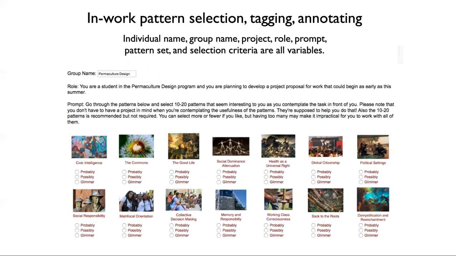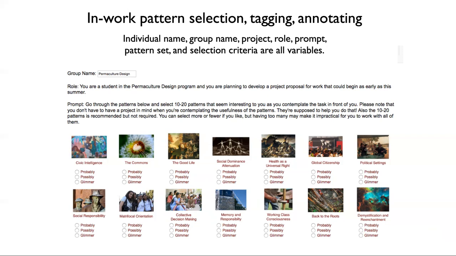Then if people individually come up with patterns they think are interesting, they get together and talk about how they could all be used together. This is the analogy. There was a class at Evergreen, permaculture design, and so we put this together.